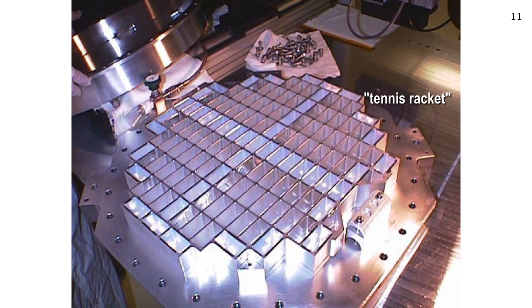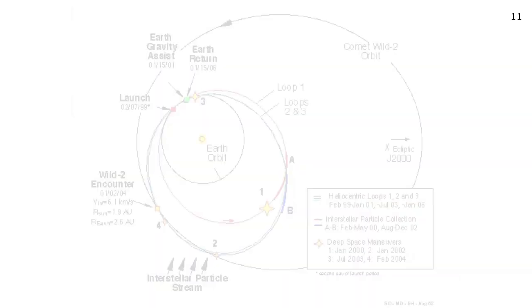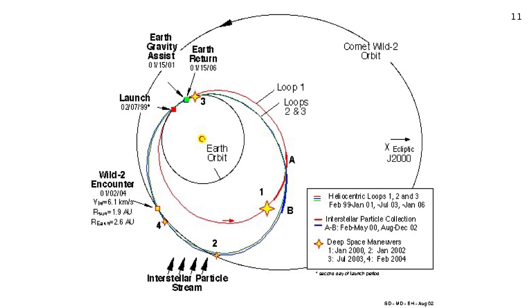It's very light, and that's where the stardust particles get collected as we fly through the solar system.